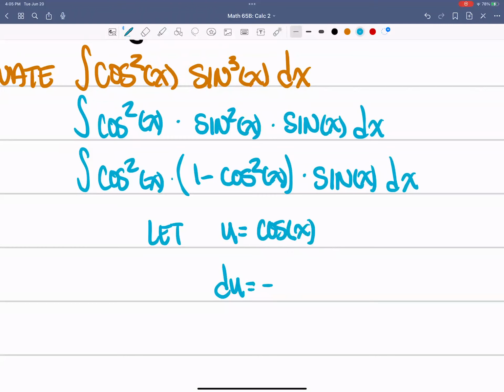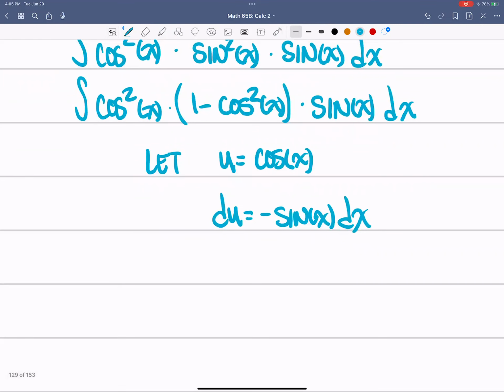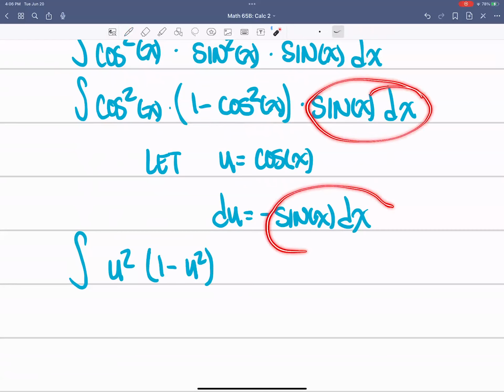So du is going to be equal to negative sine x dx. There we go. So now everywhere we see a cosine, we're going to let that equal u. So we have cosine, that's going to be u squared, and then we have times 1 minus cosine squared, 1 minus u squared. And then we have sine x dx, going to be negative du.